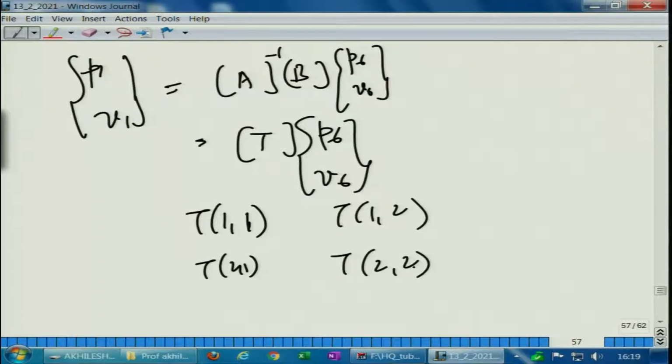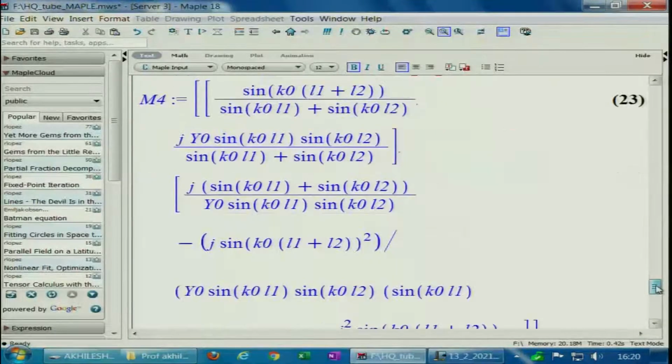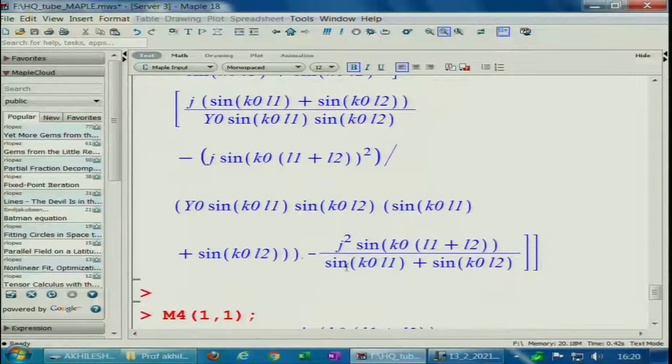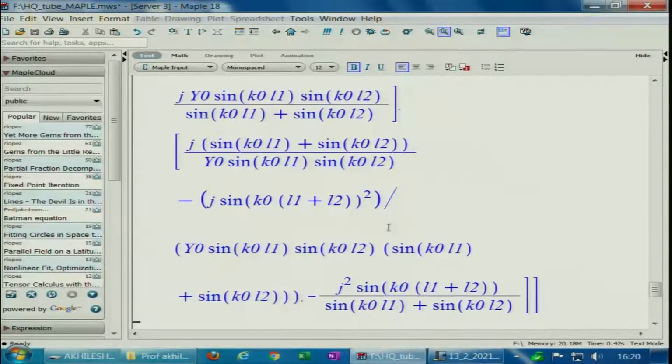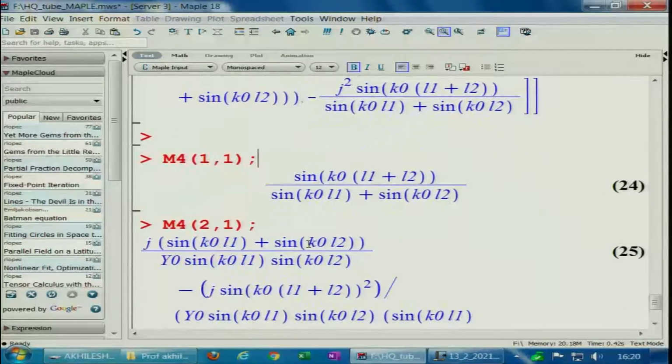So, what is T11 and T22? So, that is your basically j y naught into S1 S2 divided by S1 plus S2. So, S1 plus S2 is always common and we can just take it out of the matrix. And this is your minus j square. So, minus and into minus, that will become plus sine of k naught L1 plus L2 divided by S1 plus S2, and this is the expression that is present here given by M421.